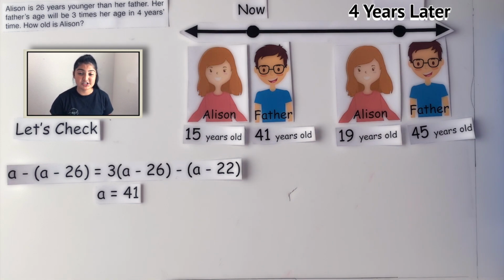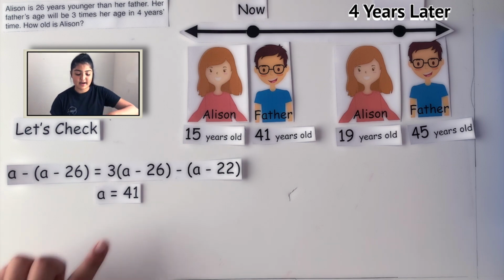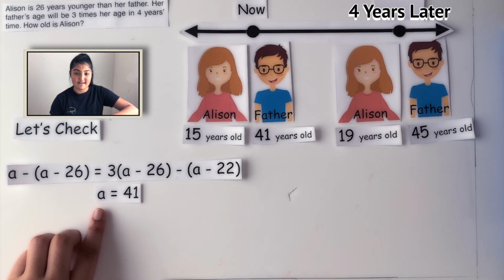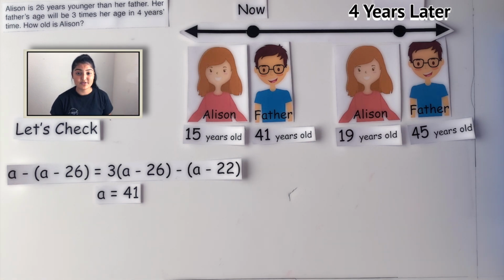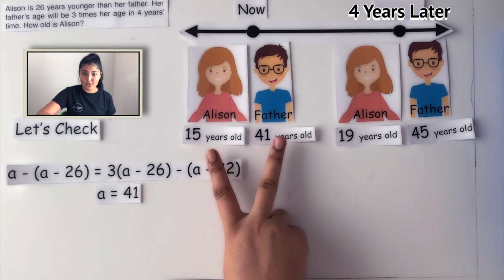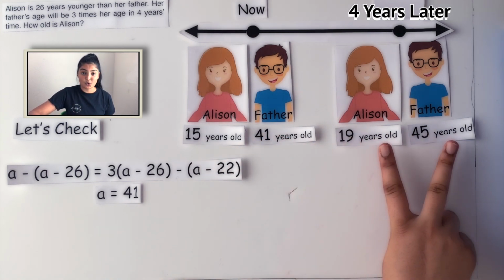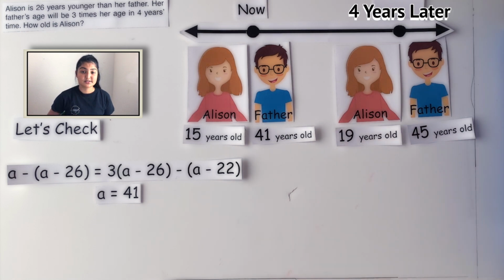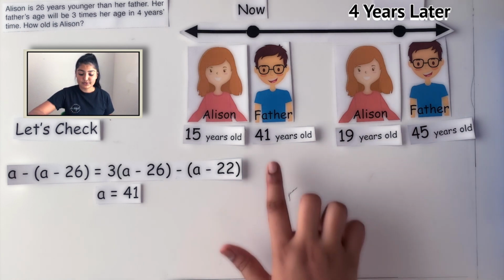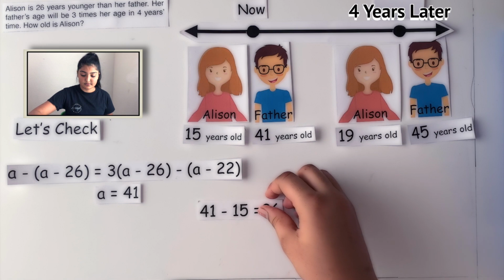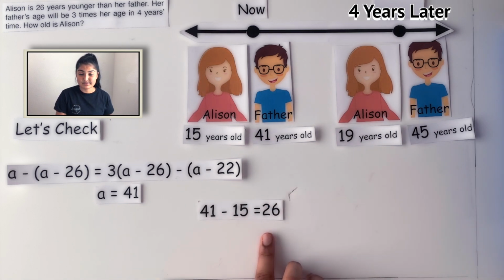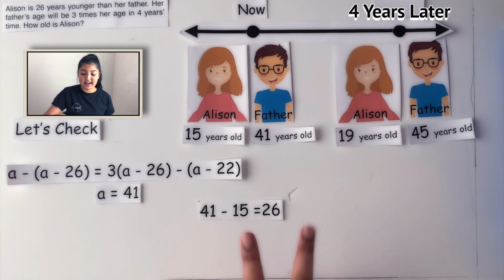Another way that we can check this problem is by substituting our value of A back into our equation and making sure it works. To set up our equation, we found the difference between their ages now and their ages 4 years later. So, 41 minus 15 is 26, which is the difference between their ages now.